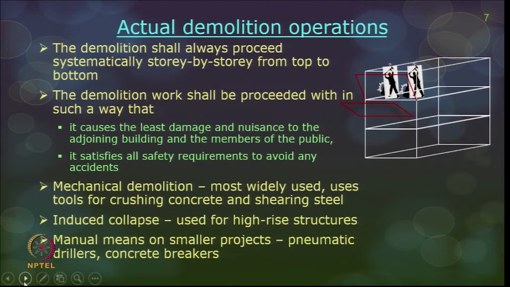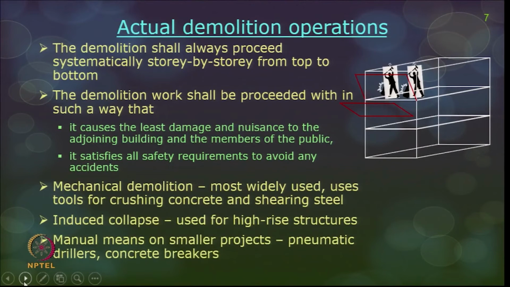In construction you go from foundation, then walls, columns, floors and so on, but in demolition you go from the top floor, floor by floor down, and then to the ground floor and then the basement. So, the demolition shall always proceed systematically, story by story, from the top floor to the bottom floor and basement, and it should proceed in such a way that it causes the least damage and nuisance to the adjoining building and members of the public, and also satisfies all safety requirements to avoid any accidents.